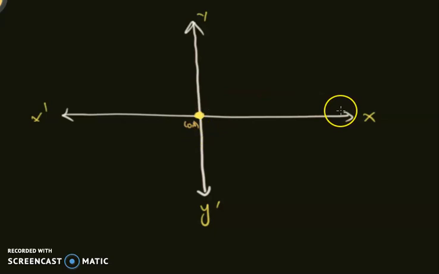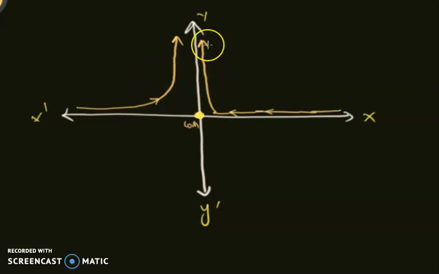Now if any trajectory is moving from here, we know that the x-axis is our stable line, so it will be moving towards 0, 0. But we know that the y-axis is unstable, so it will not allow it to go towards 0, 0, but will snatch it this way. If any trajectory is going from here, then it will be moving this way along the unstable axis.